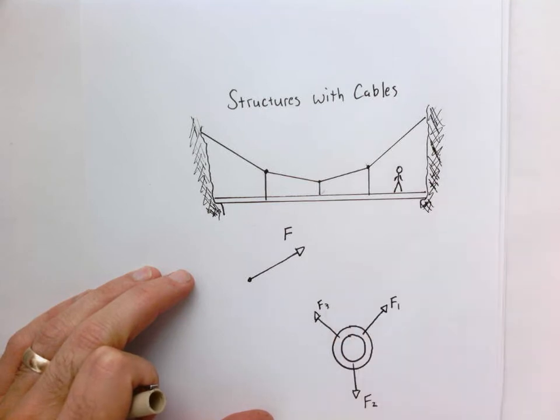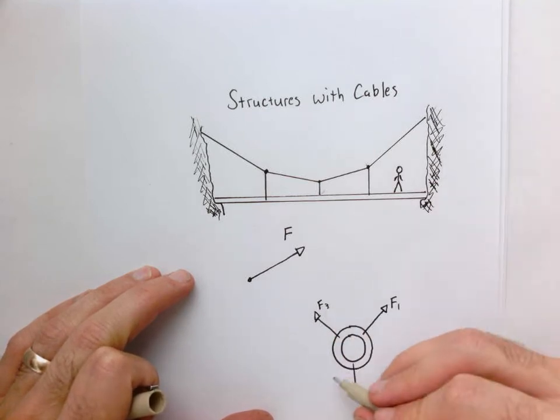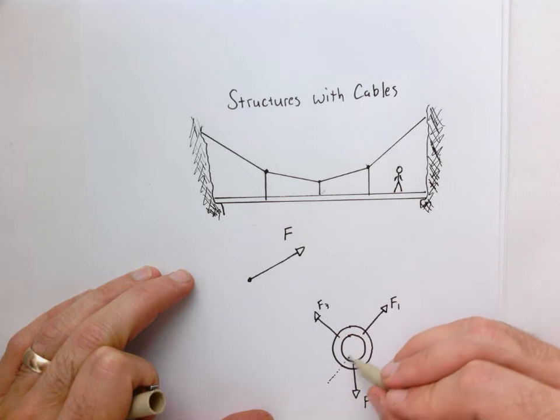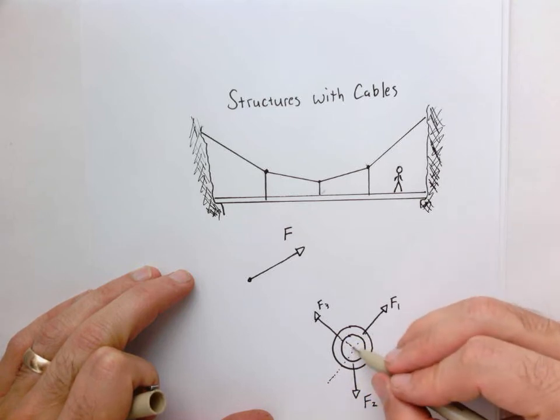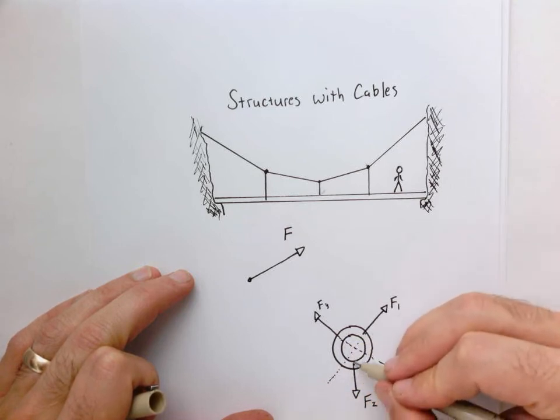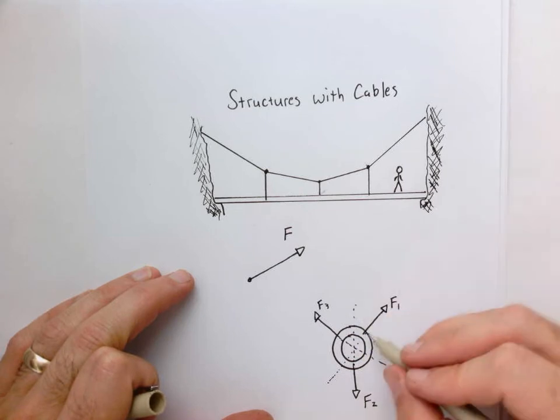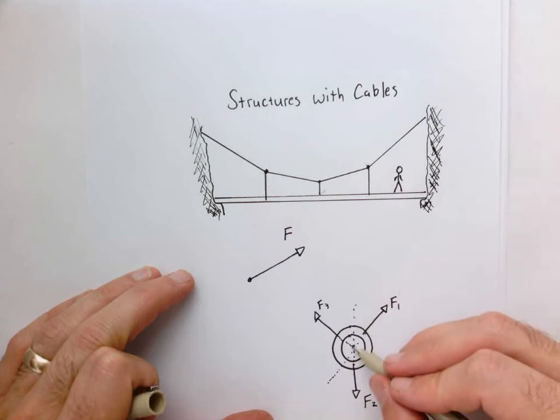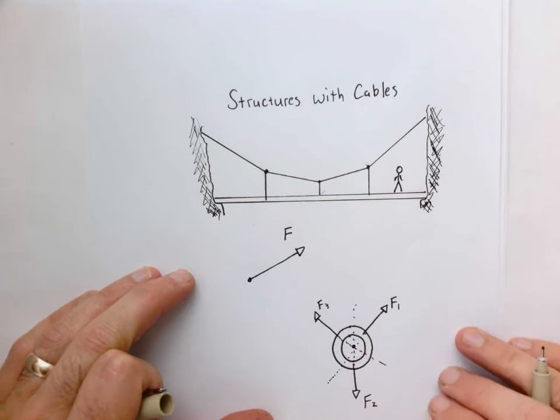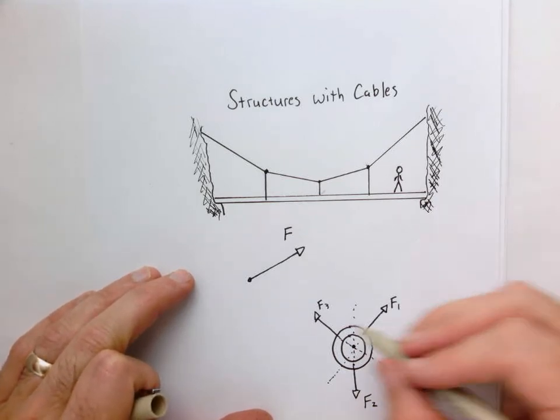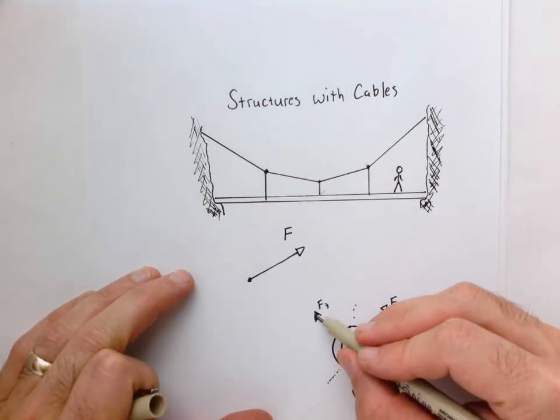If we look carefully at the direction of the strings, we'll find that they all point right at the center of this circle. An important thing about the forces is that the lines of action all intersect right here at this point. Our free body diagram is the device that we use to represent the forces.